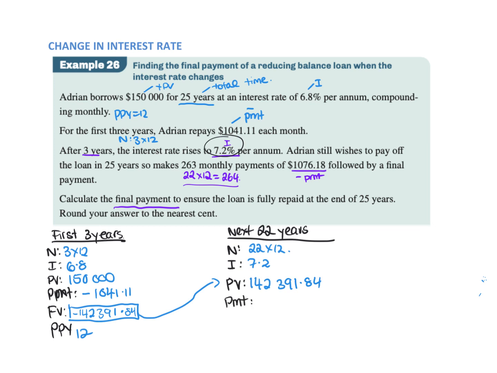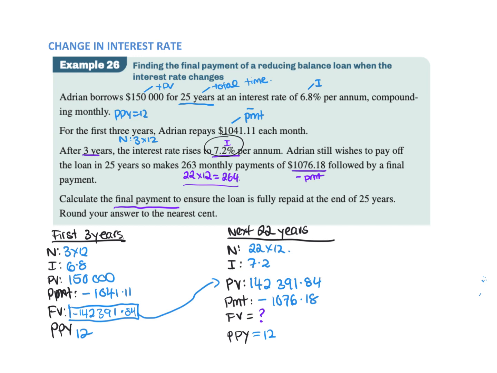They told us the new payments, which was negative 1,076.18. And the FV, this is what we want to know, because we're going to use it to adjust our final payment. It should be close to zero, but we know it won't be, because it's a final payment and we've done some rounding and we'll have to adjust.